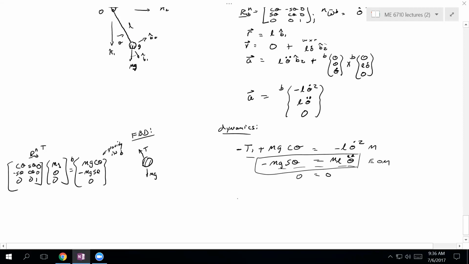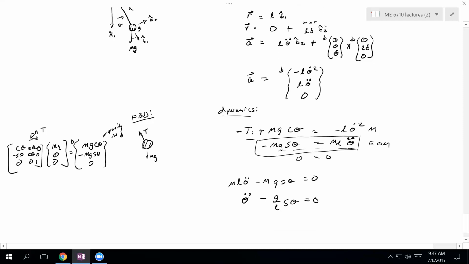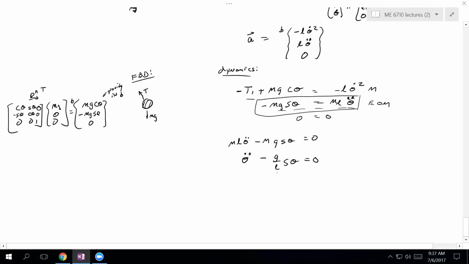So I get m L theta double dot equals, or minus mg sine theta equals 0, or I could rewrite this as theta double dot minus g over L sine theta equals 0. Now, this is the pendulum equation, which we know and love. What do we always do?